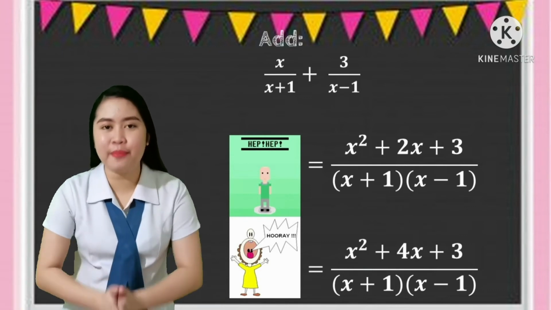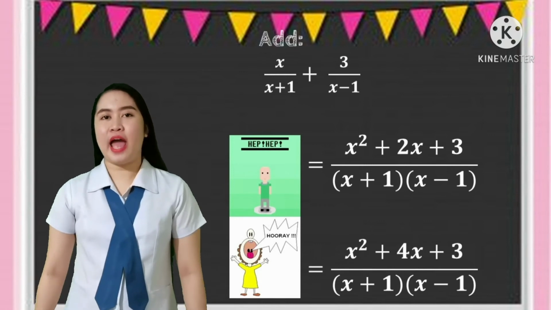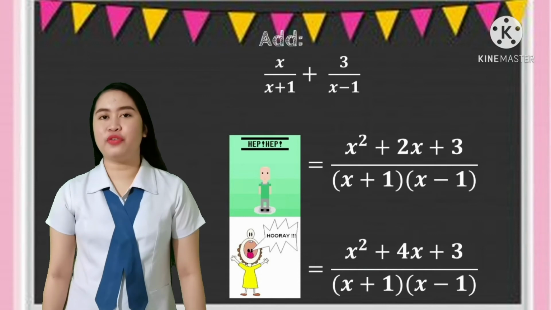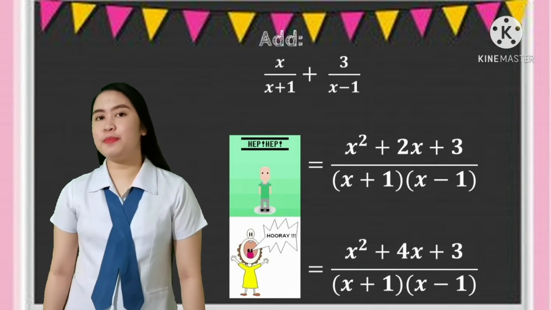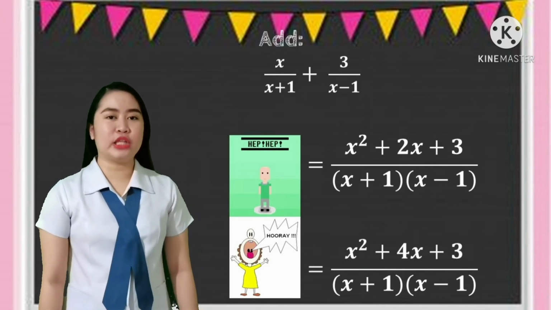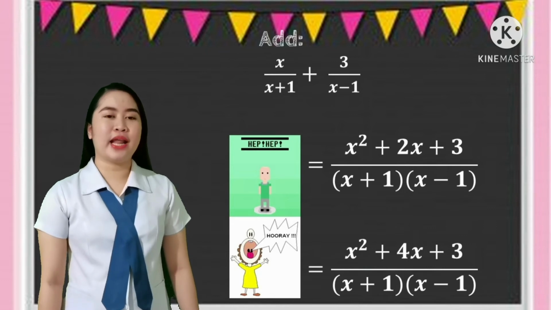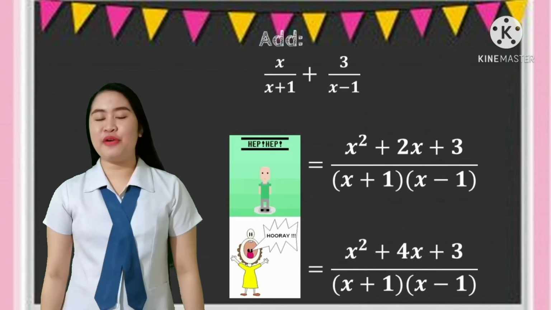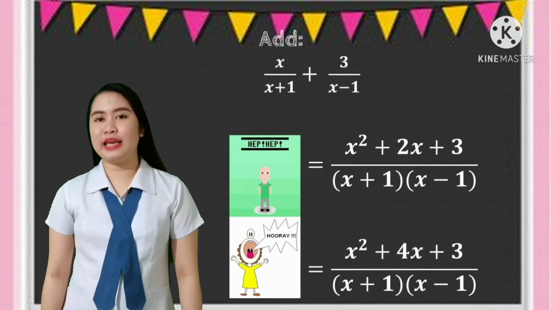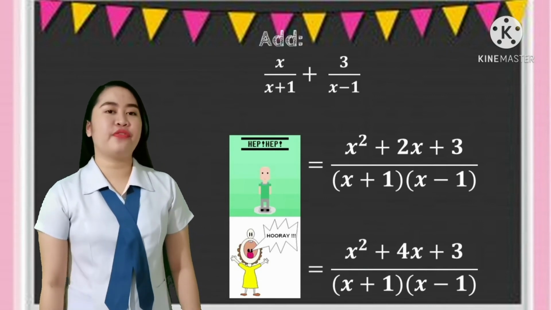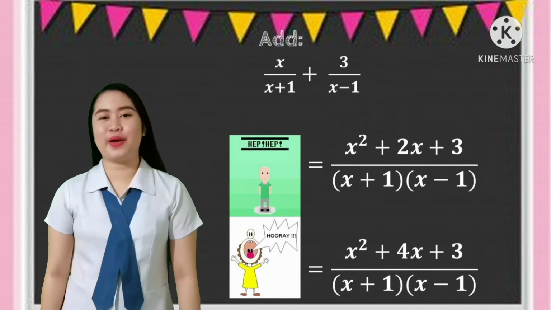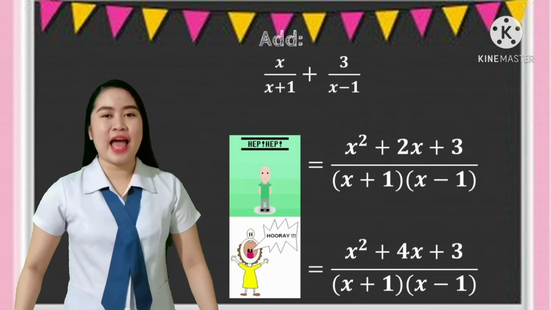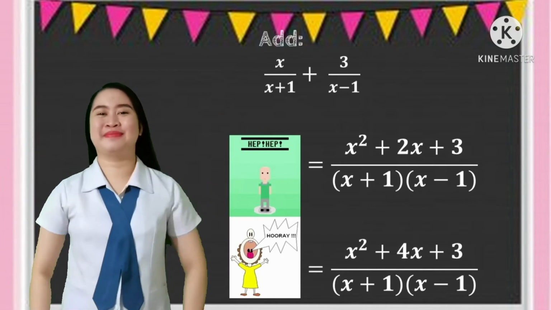Say hep if your answer is x squared minus 2x plus 3 all over quantity of x plus 1 multiplied by quantity of x minus 1. And hooray if your answer is x squared plus 4x plus 3 all over quantity of x plus 1 multiplied by quantity of x minus 1. What do you think, learners? Hep or hooray?